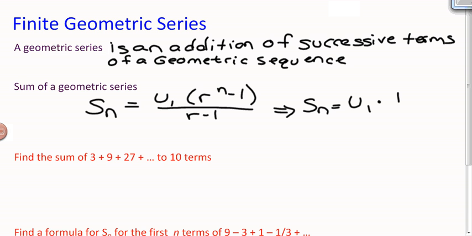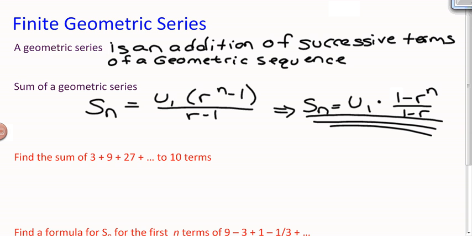So if I flip-flop these, 1 minus r to the n over 1 minus r, because what I did is I factored out that negative 1. This is the one that you will fairly consistently see used, but this one does work as well. Both of them are given formulas, and then you're able to plug in some specific values.